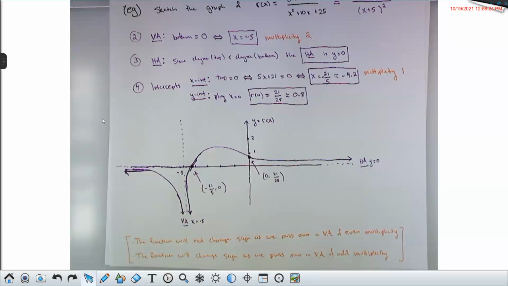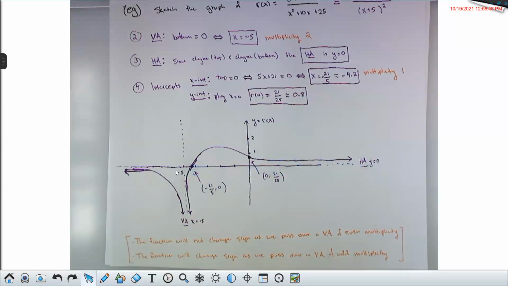Okay, just looking forwards, if I asked you, where is this function positive, what would you say? -4.2 to the infinity. Excellent. Yeah, from here to infinity, right?